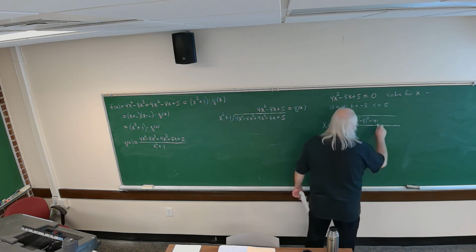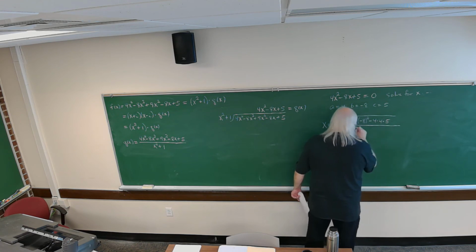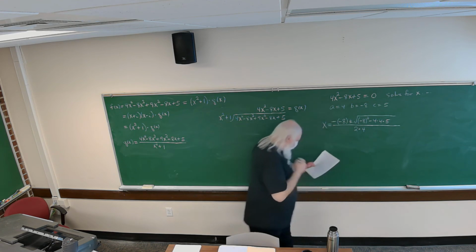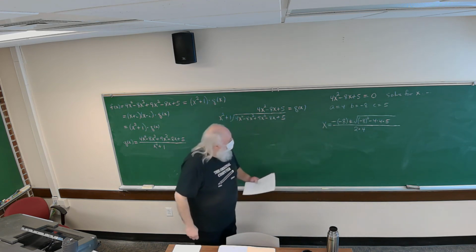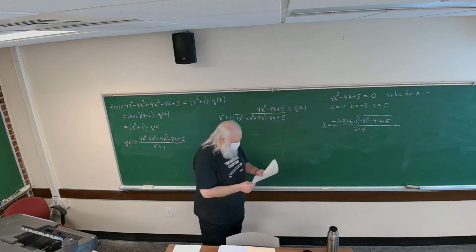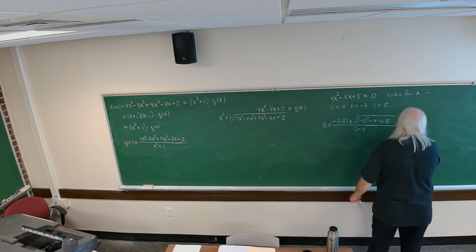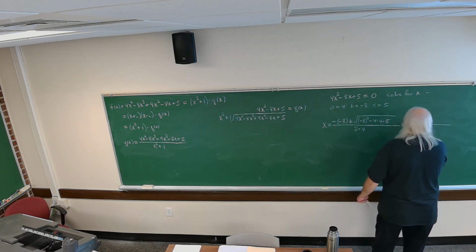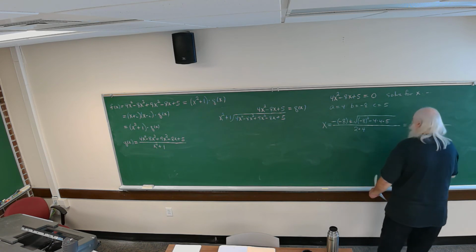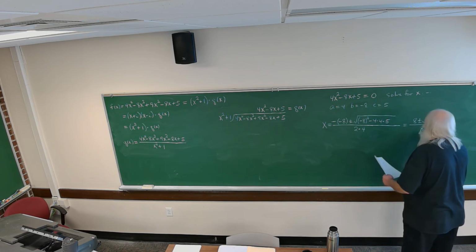Minus 4 times a, which is 4, times c, which is 5, over 2 times a, which is 2 times 4. So negative of negative 8 is plus 8. And the discriminant is equal to minus 16. You can verify my math.